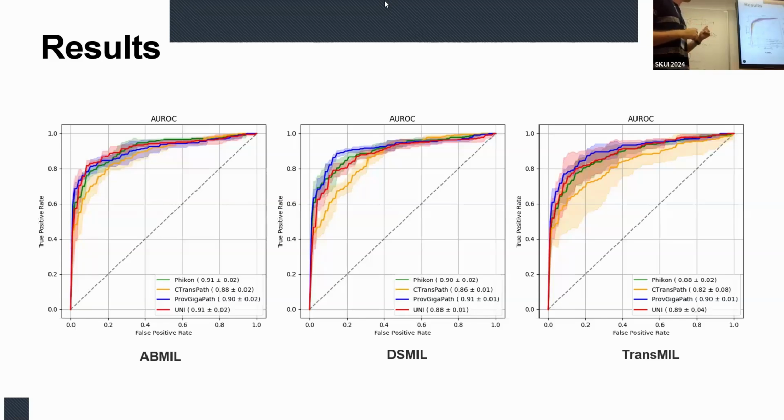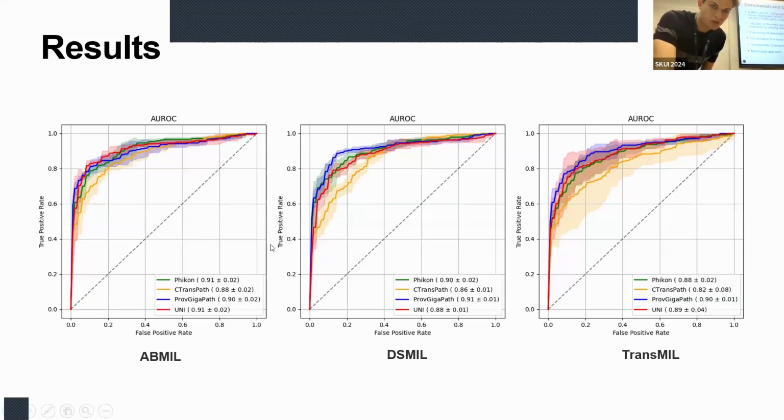And the best two feature extraction models when using attention-based aggregation were Phikon and UNI, with standard deviation of 0.01 and area under the curve of 0.91. And then for the TransMIL, the most successful feature extraction model was again Prov-GigaPath, achieving area under the curve of 0.9.